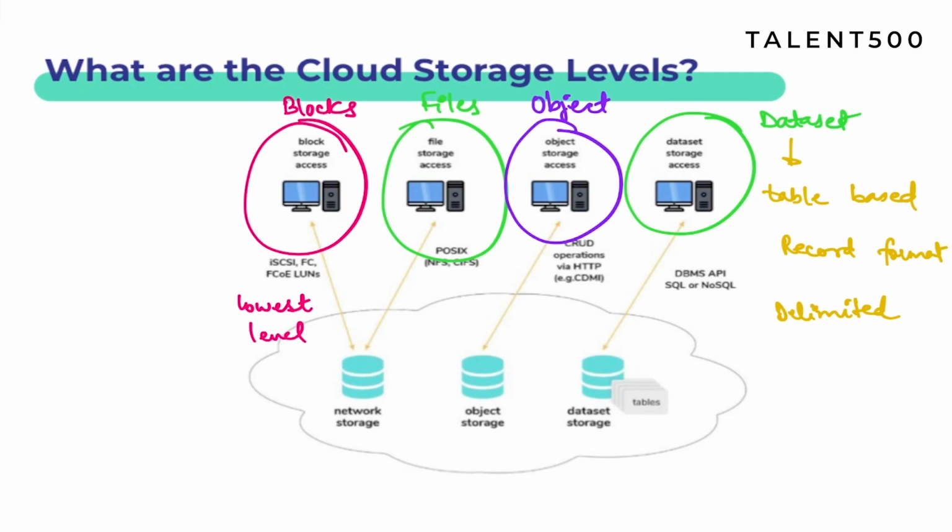So whatever the different data storage levels which we have discussed here, they are going to be associated with a certain type of technical interface, and this interface is going to provide different types of cloud storage devices. We also spoke about APIs.